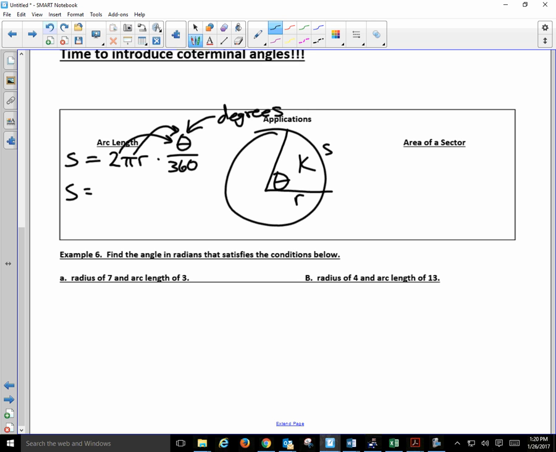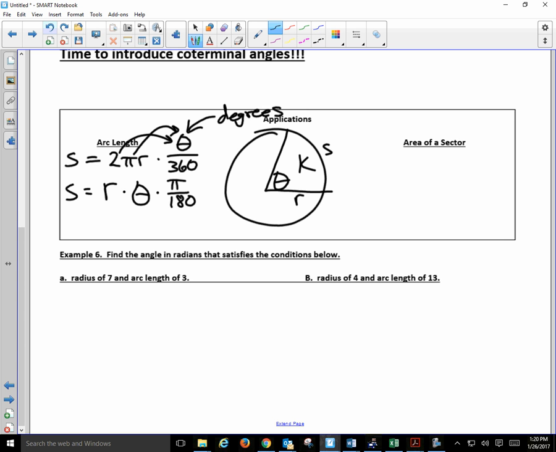Why can I do that? Because multiplication is commutative. All right? And as I write this, I'm going to write it as r times theta times pi over 180. Can everybody look at that and convince themselves that what I just wrote is the exact same expression as what's above?